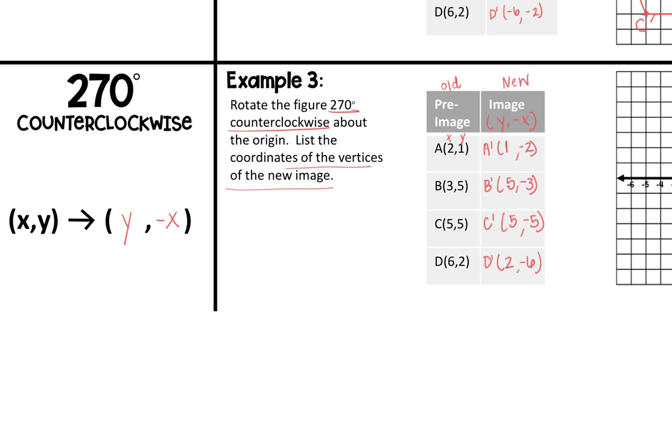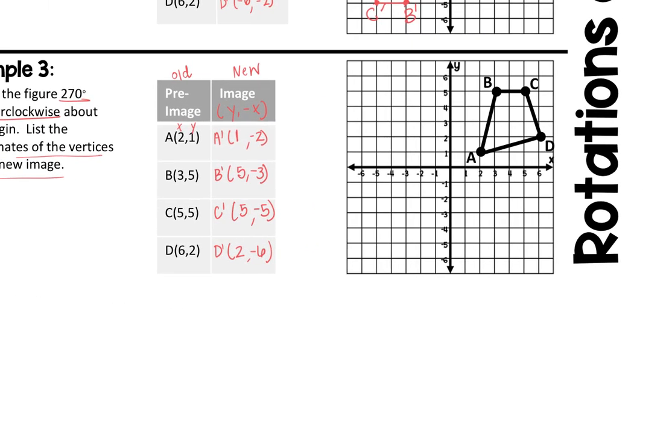All right, one last thing to do. Let's graph this in our coordinate grid. A prime is going to be 1, negative 2. So let's find 1. Let's go down to A prime. B prime, 5, negative 3. C prime, 5, negative 5.